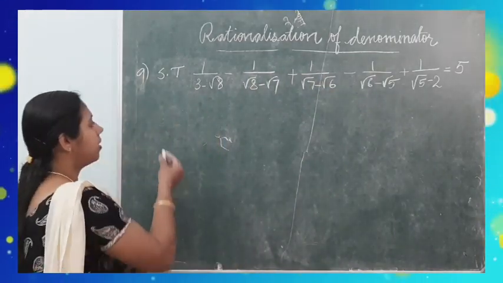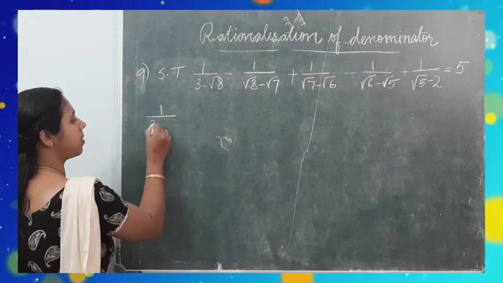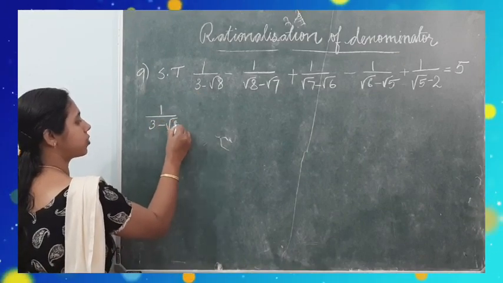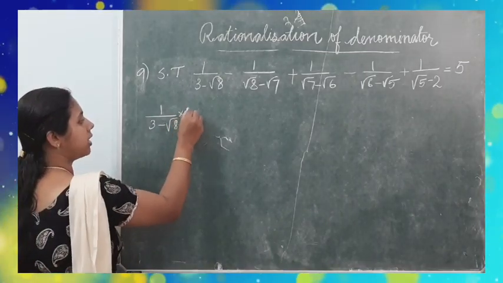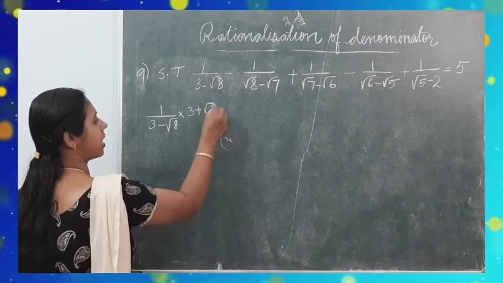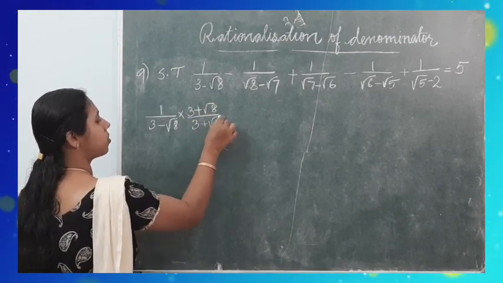So here we know the rationalization of the first term, 1 by 3 minus root 8. Now you know how to rationalize. It will be multiplied by 3 plus root 8 divided by 3 plus root 8.